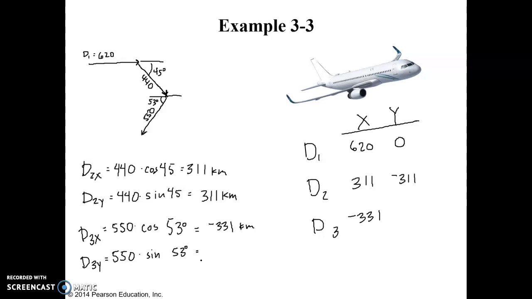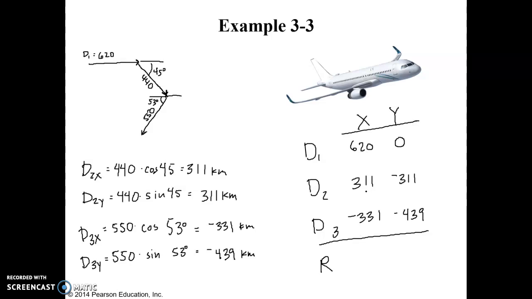And in the y direction, it's still going down, so that's also negative. So it's negative 439 kilometers. I'll put that into my table as well, negative 439. What we need to do now is sum the x components and sum the y components in order to find the x and y components of the resultant.